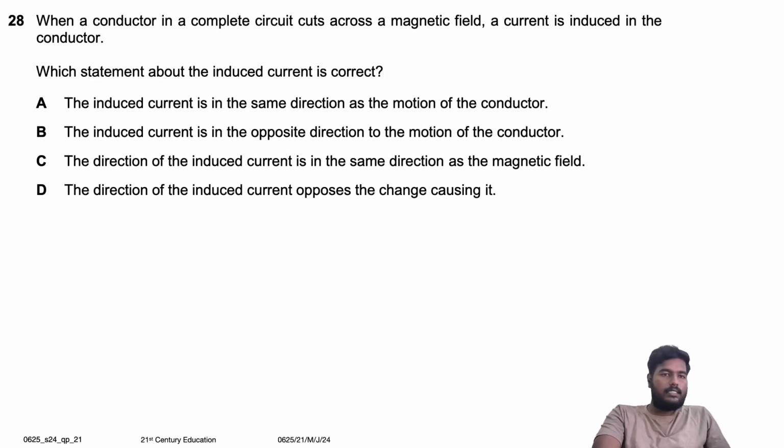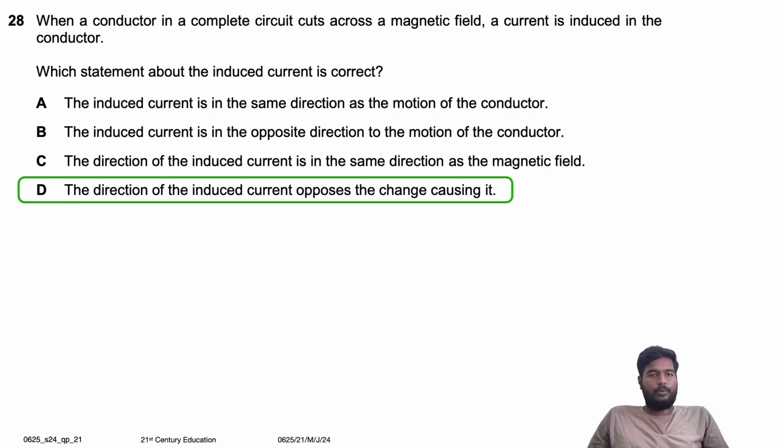When a conductor in a complete circuit cuts across a magnetic field, a current is induced in the conductor. Which statement about the induced current is correct? The direction of the induced current opposes the change causing it. Okay, let's rule out the other 3 statements and see why they are wrong. The induced current is in the same direction as the motion of the conductor.